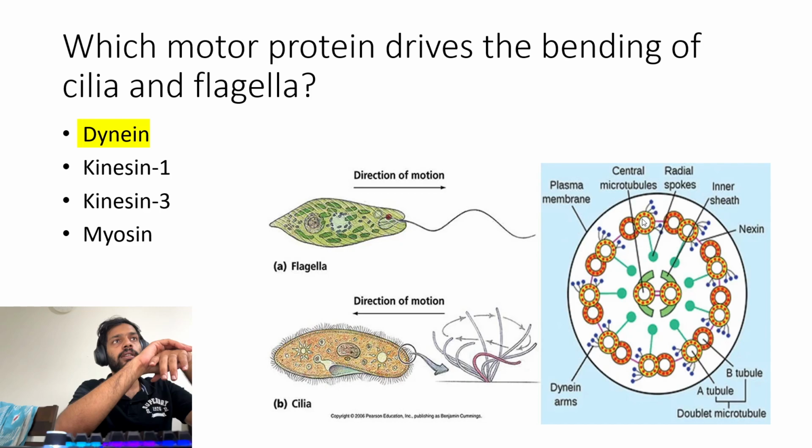These are the dynein arms, and essentially what they do is they bend the flagella in one direction. So they turn in one direction, and that results in this bending motion that's observed in both cilia and flagella. So dynein is what drives this bending motion in cilia and flagella.